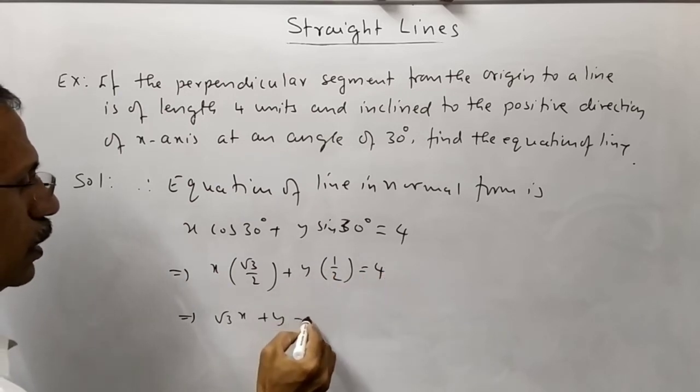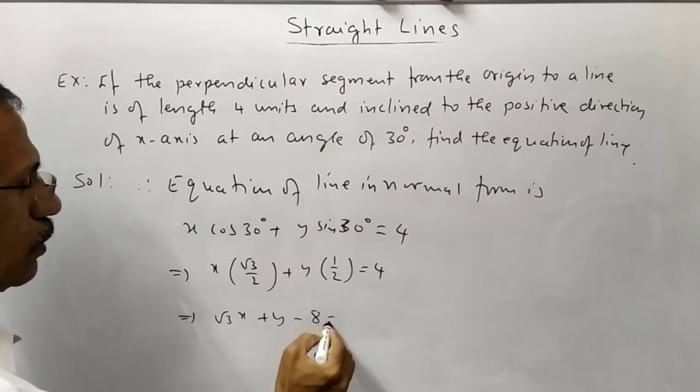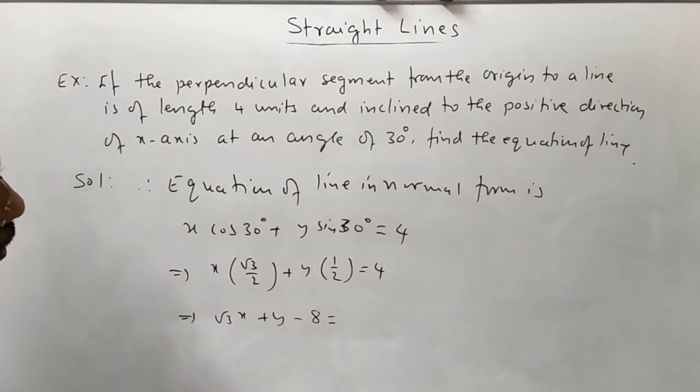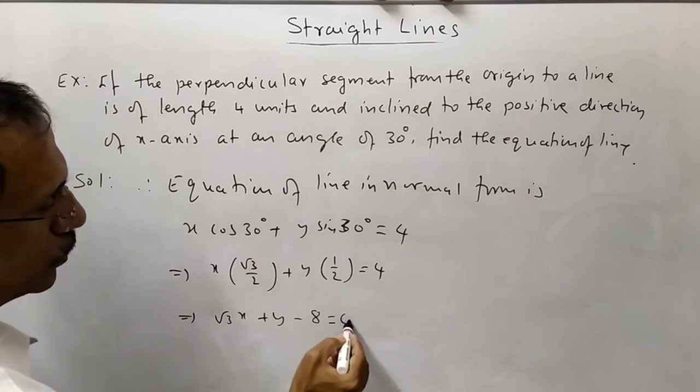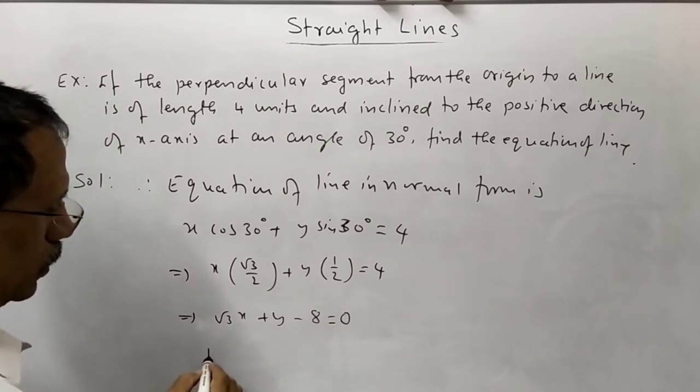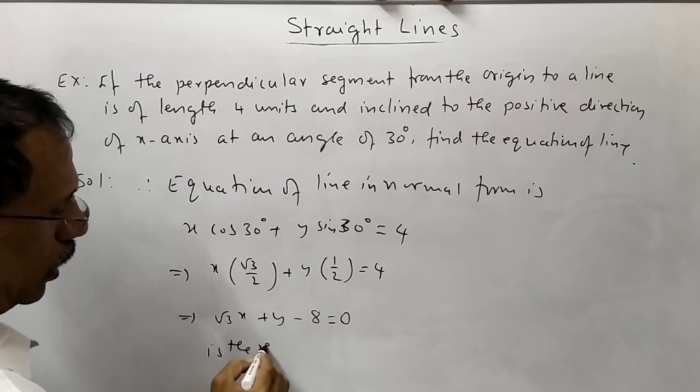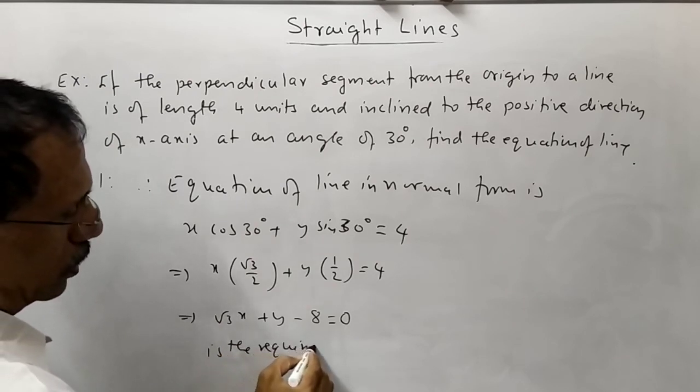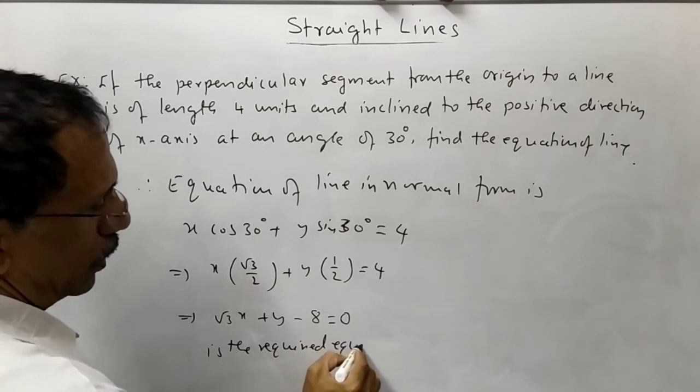Flipping this side, we get root 3 into x plus y minus 8 is equal to 0, which is the required equation of the line.